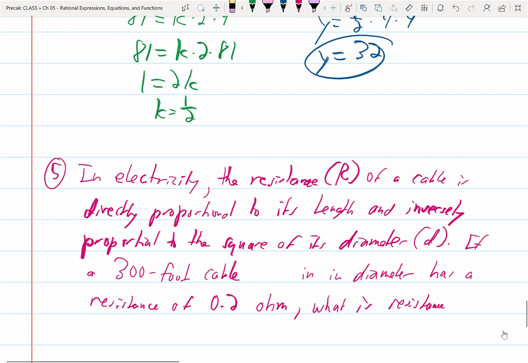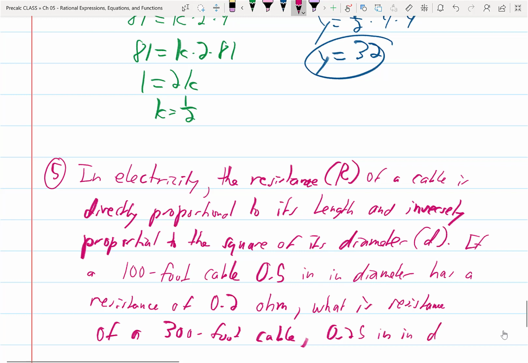Oh, sorry, I'm messing up my numbers here. Let's do a 100-foot cable that is 0.5 in diameter, has a resistance of 0.2 ohms. We're asking, what is the resistance of a 300-foot cable that is 0.25 inches in diameter. I'm just going to put inches diameter.